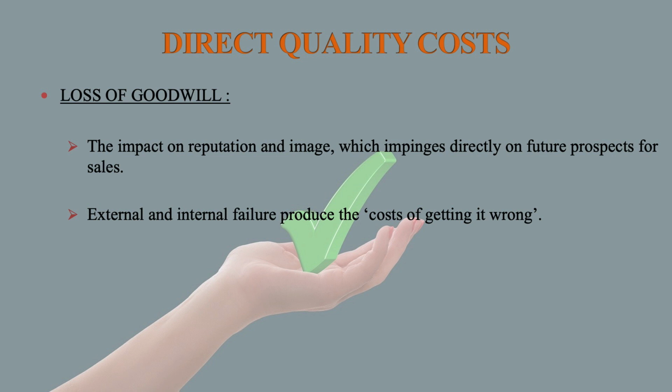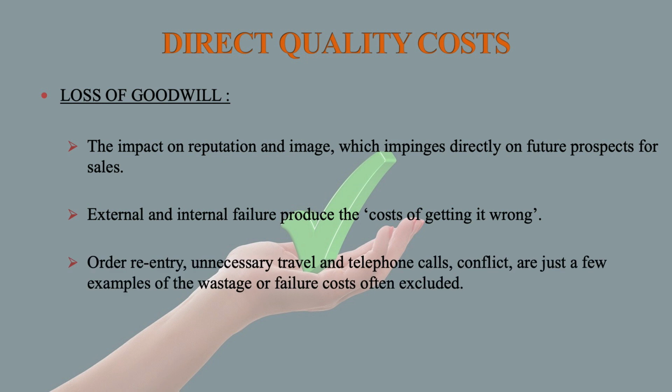External and internal failure produce the cost of getting it wrong. Order re-entry, unnecessary travel and telephone calls, and conflicts are just a few examples of wastage or failure costs, often excluded.